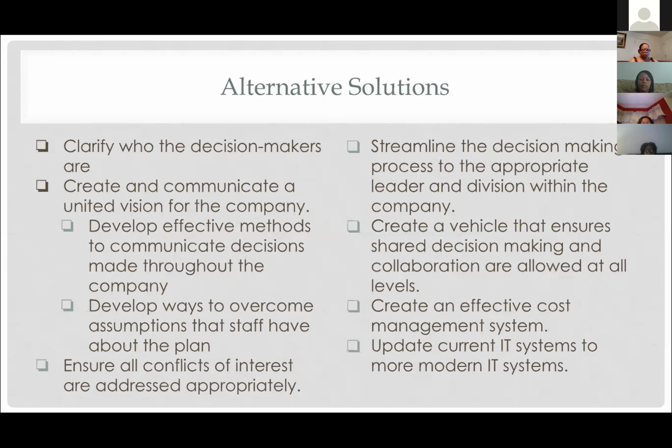Ensure all conflicts of interest are addressed. Streamline the decision-making process to the appropriate leader and division within the company. Create a vehicle that ensures shared decision-making and collaboration are allowed at all levels. Create an effective cost management system. Update current IT systems to more modern IT systems.